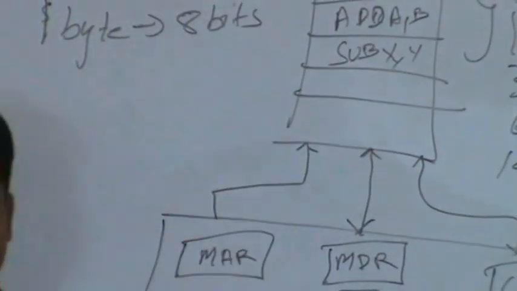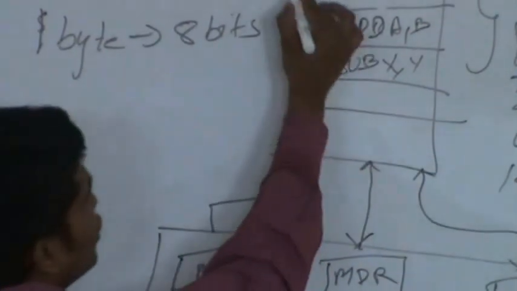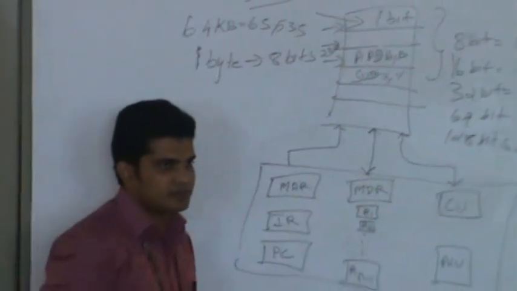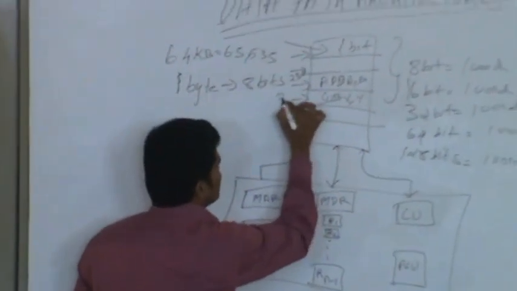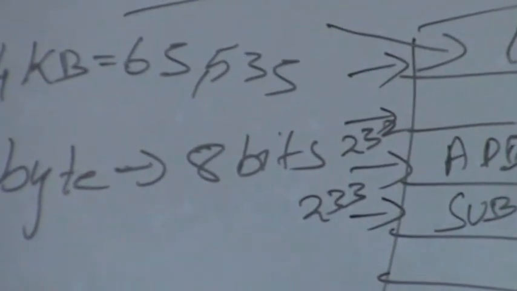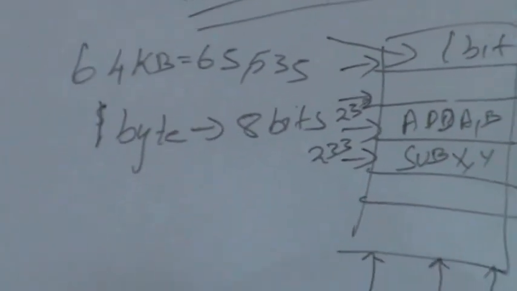Each cell has a unique address. So consider this address is 232. Another address is 233. Your processor wants the instruction at address 232 to be fetched from the memory.